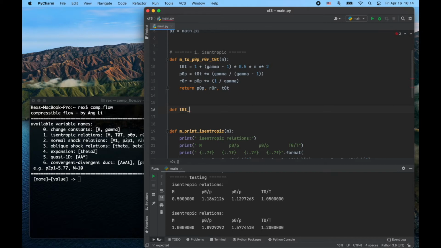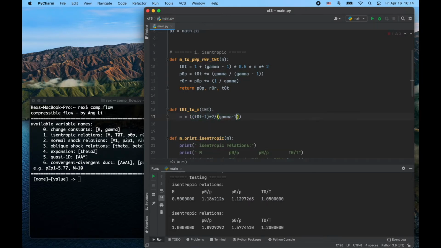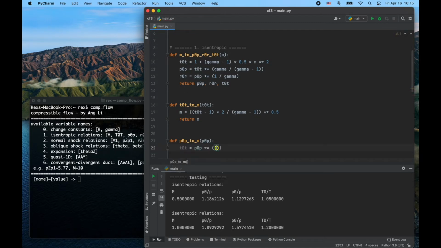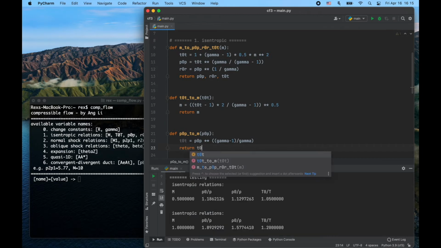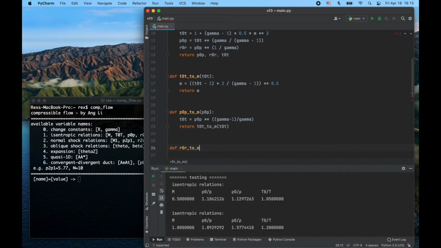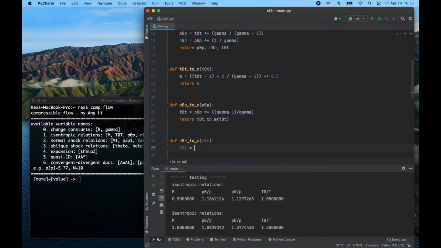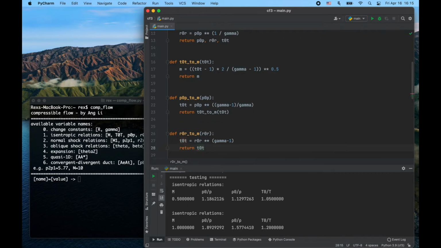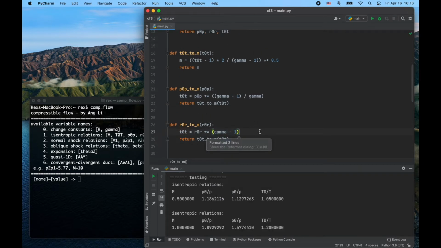So I'll just define here tot to m, passing by a tot. All right, let's test them.